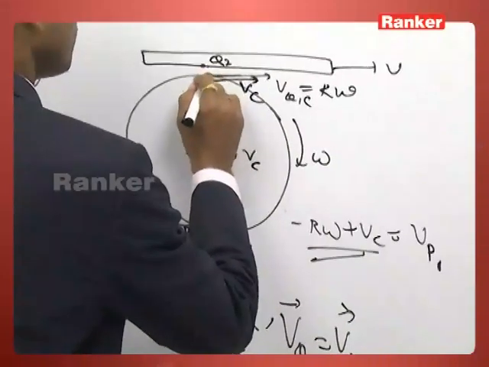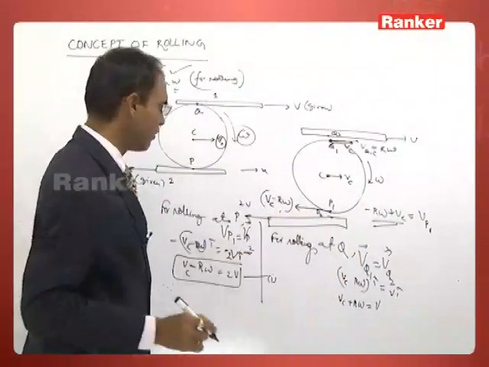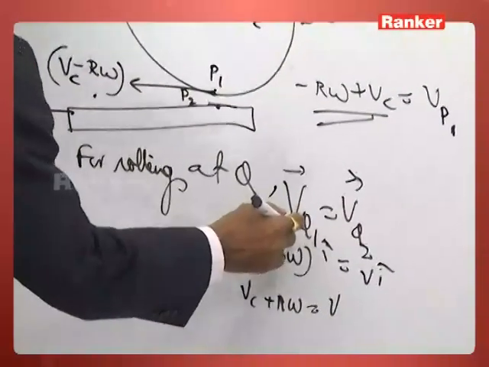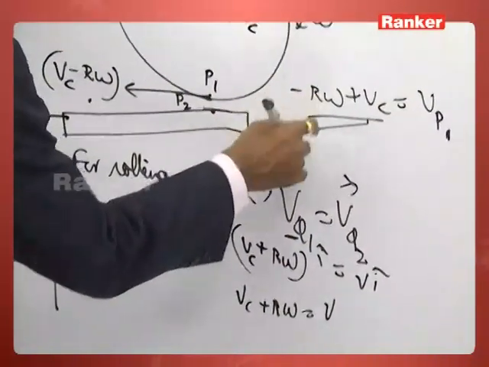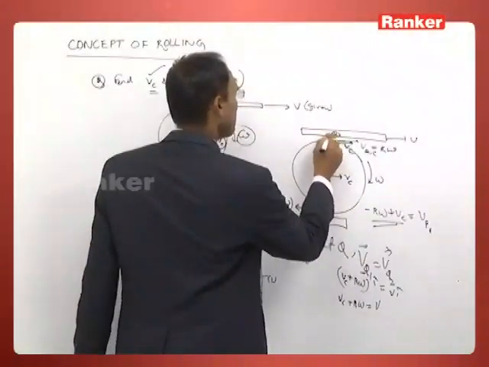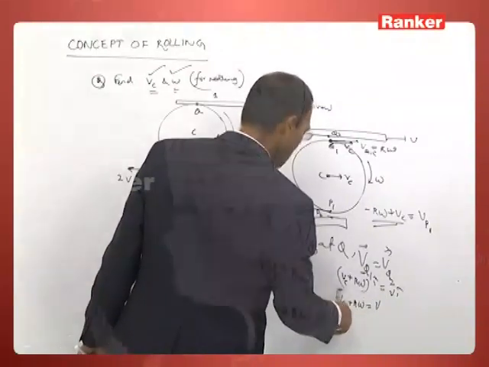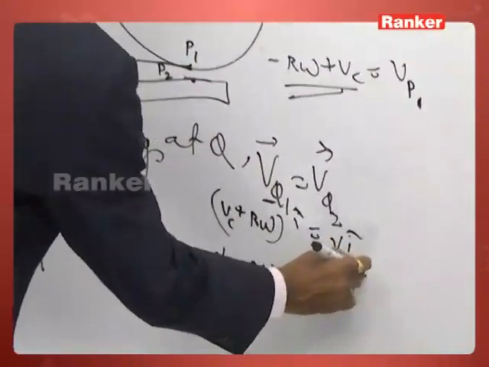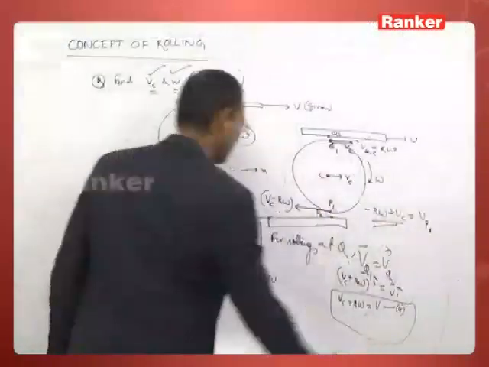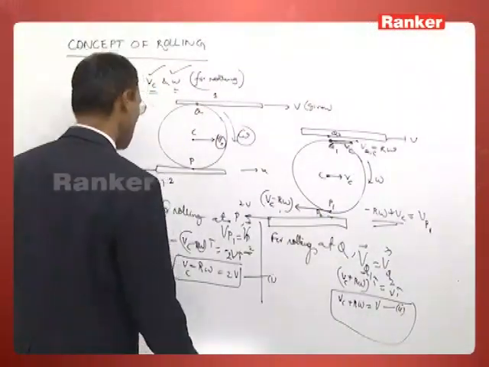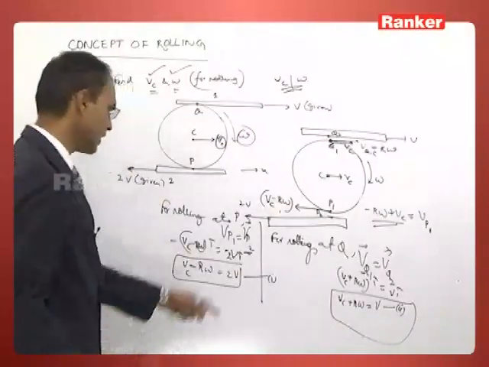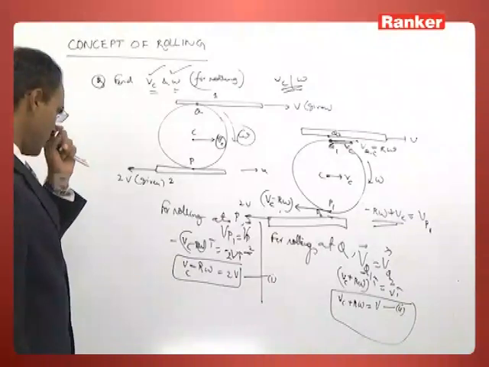So the total velocity of this point Q1 will be equal to Vc plus R omega i cap, and this point velocity is V. So Vc plus R omega is equal to V, equation number 2. Now we have 2 equations for 2 unknown quantities. What are the unknown quantities? Vc and omega.